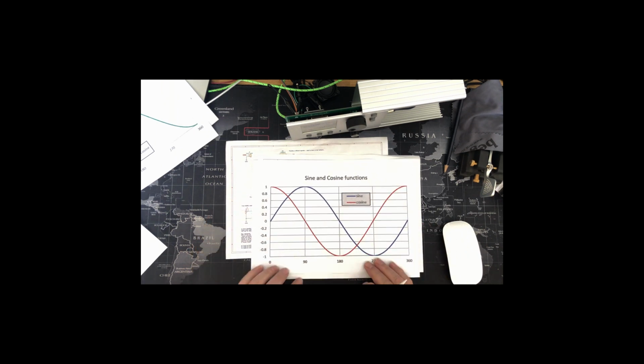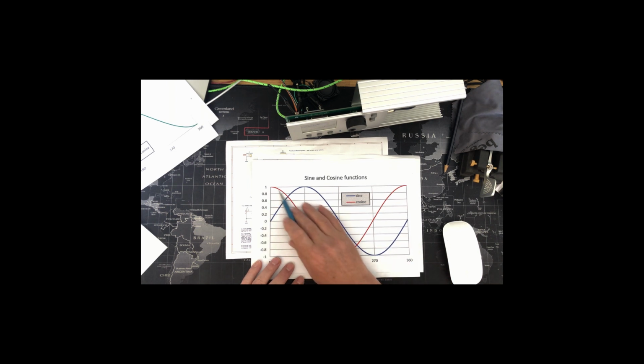So let's just refresh ourselves about sine waves, which is the blue line, and a cosine wave, obviously just shifted by 90 degrees.